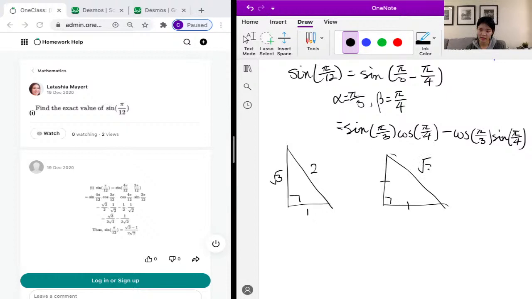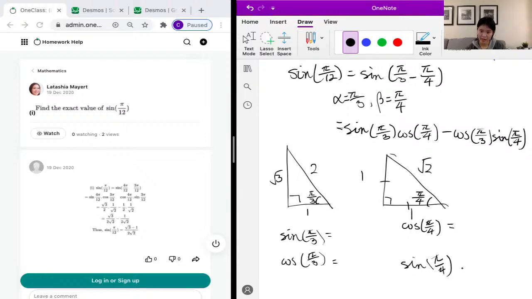And here is our second special triangle, where the hypotenuse this time is root 2. Here we have our angle pi over 4, and here we have our angle pi over 3. So we need to know sine of pi over 3, cos of pi over 3, cos of pi over 4, and sine of pi over 4.